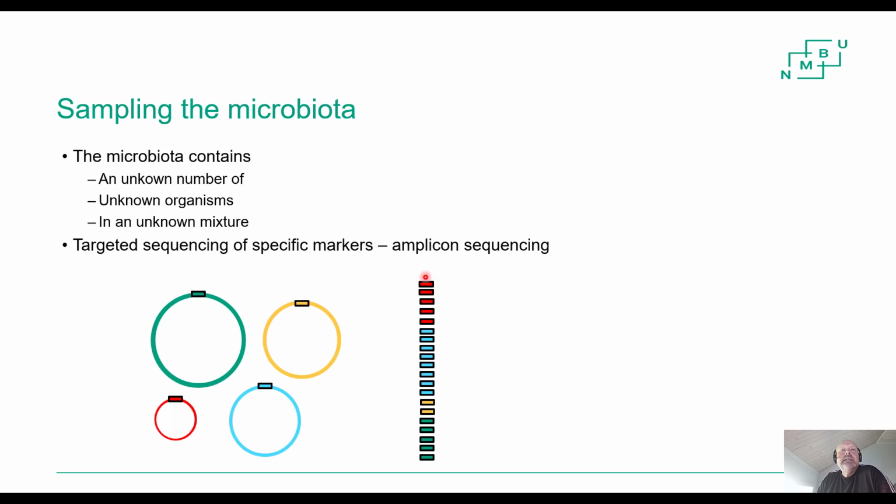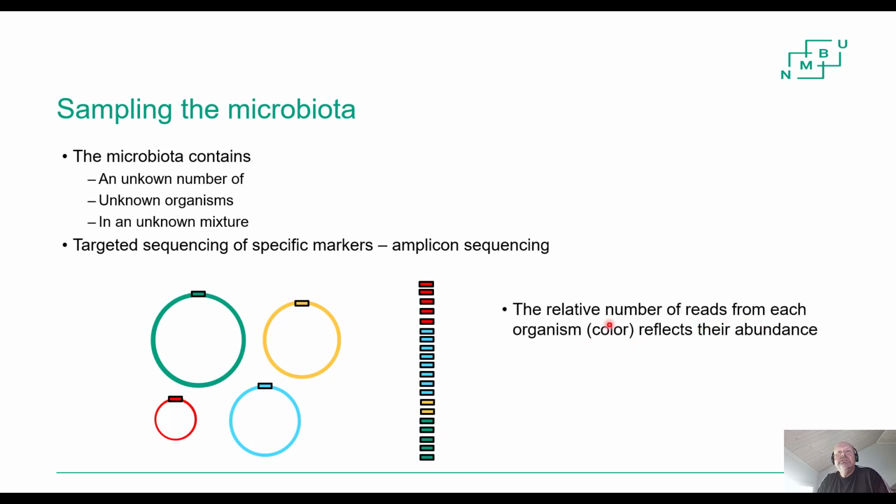The idea is that the fraction of, for instance, red reads to the total of reads should now be the same as the fraction of how many red genomes there are compared to the total number of genomes in this hat, right? So by seeing this distribution here, we get an idea of how much we have of each organism. First of all, we see which organisms are there, the colors, and how much do we have of each.